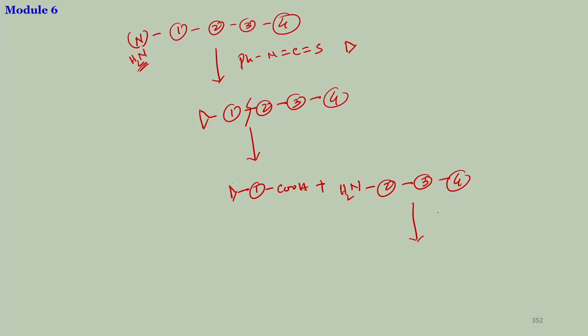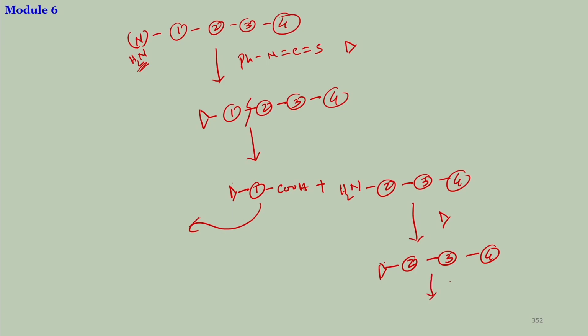Now this amine further reacts with your phenyl isothiocyanate. So you get the next marker, this is eluted out, and it can be determined immediately. That will tell you the identity of amino acid 1. So you can know what the first amino acid is.